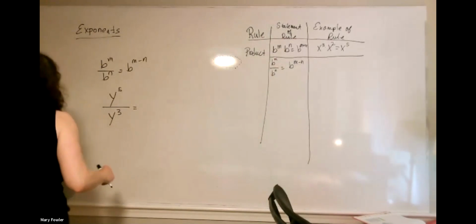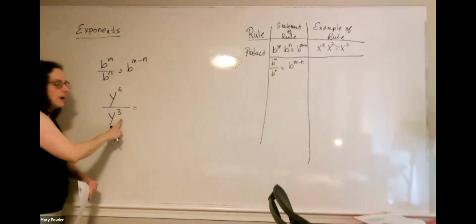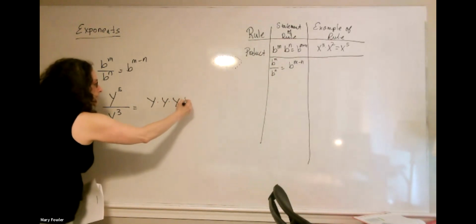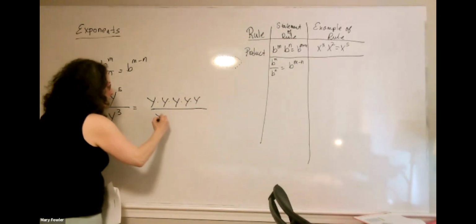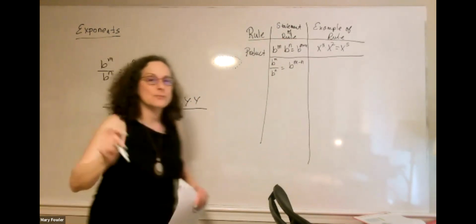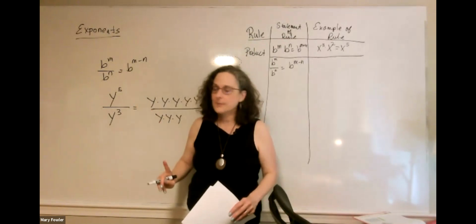The example I often use in my head is y to the fifth divided by y cubed. Y to the fifth means y repeated 5 times, divided by y cubed. This is a fraction, and we can cancel common factors in the numerator and denominator.